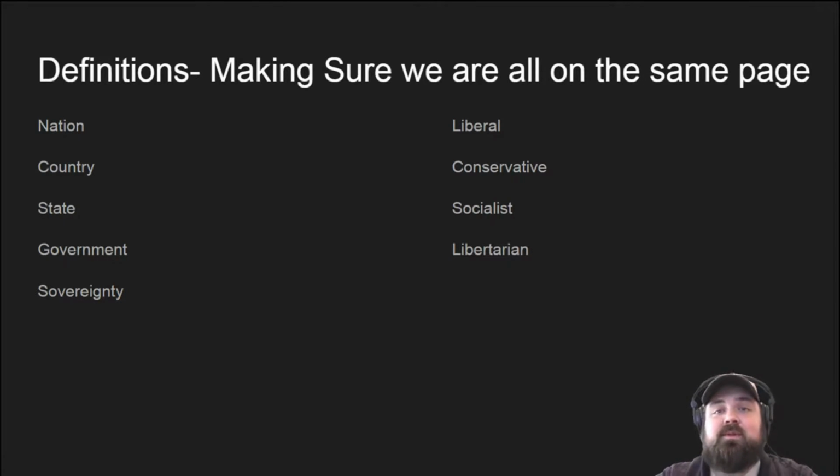Now, within American politics, we talk about the states, the 50 states. When I use the word state, what I'm talking about is the actual institutions that govern a country.